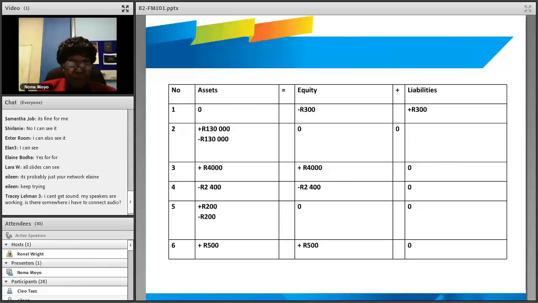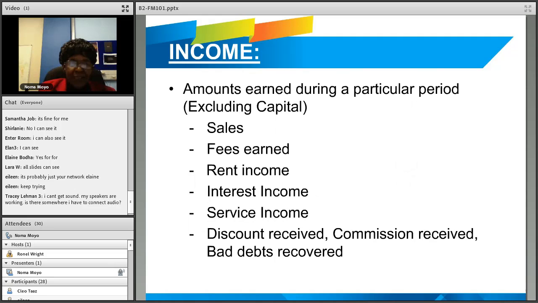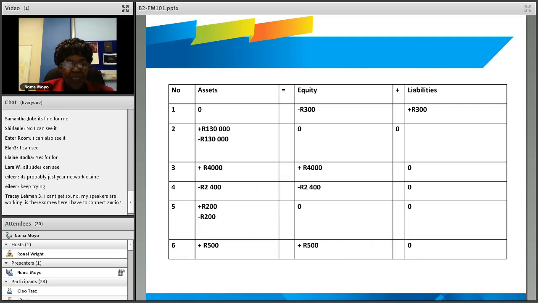So let's look at this. It means that the bank will go up, the equity goes up. So that was what I was explaining about the equation. Do I have any questions on that equation? Any questions? Has this been clear?